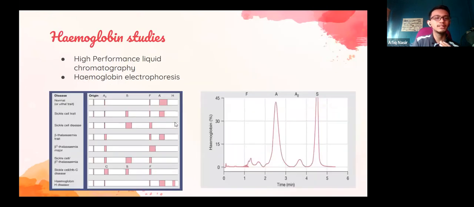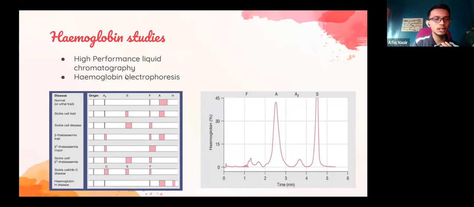In hemoglobin studies, there are two types: firstly, high performance liquid chromatography, and hemoglobin electrophoresis. Here we could see the hemoglobin electrophoresis, and this is the high performance liquid chromatography. From these hemoglobin studies, we could diagnose whether the patient has thalassemia.